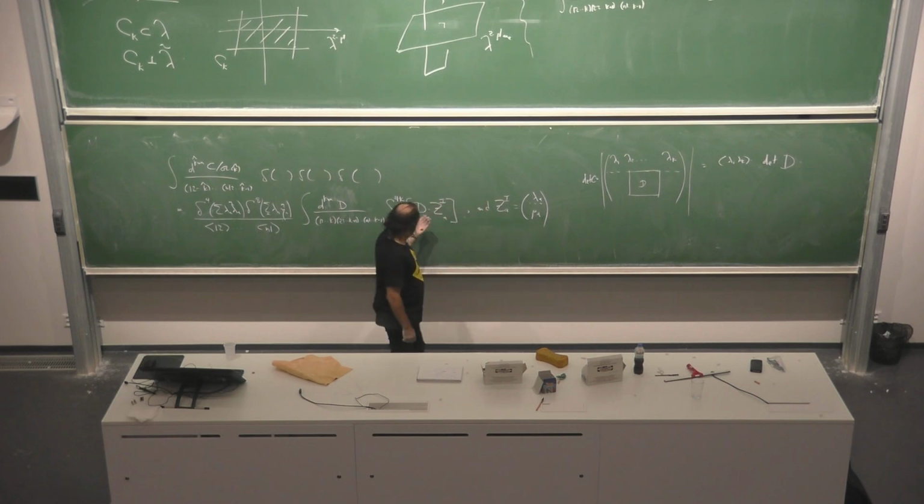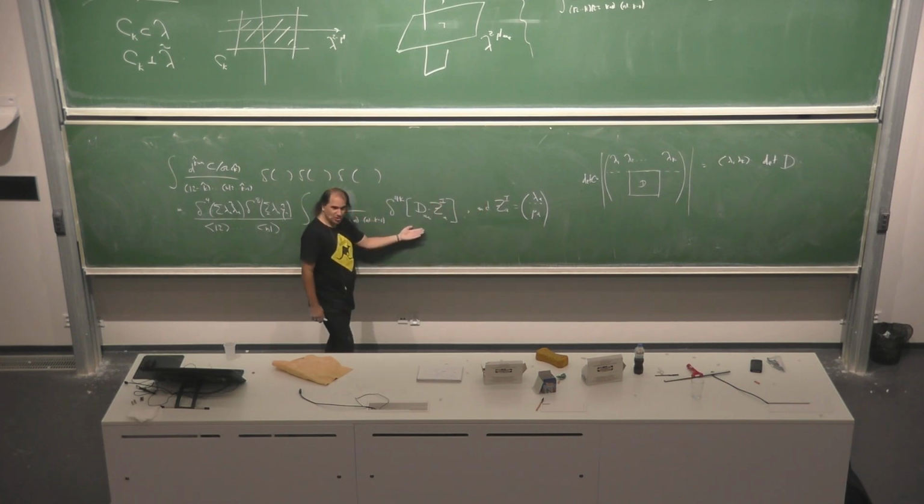Because, notice, by construction, manifestly, this expression is invariant under SL4 transformations, but SL4 transformations on the z's. Okay, so this is manifesting this dual conformal invariance in the z space.